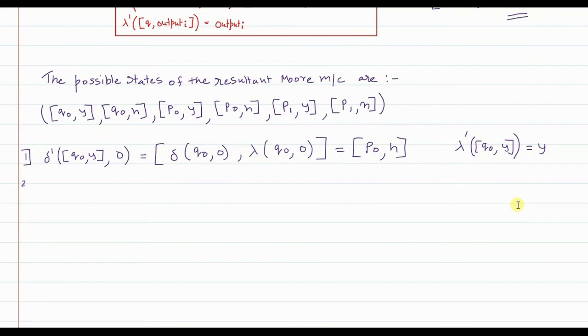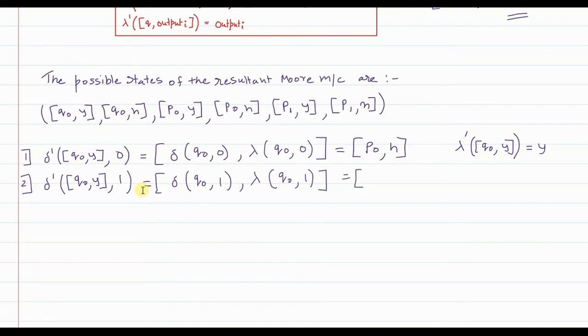Second, on a similar basis, we find del dash of the same state Q0 y. The first input 0 we have already considered. The second input symbol is 1. Using the formula, this is del of Q0 comma the input comma lambda of the state Q0 comma input, that is 1.